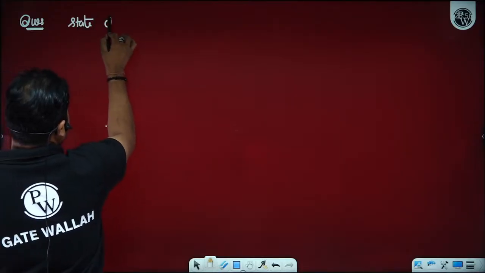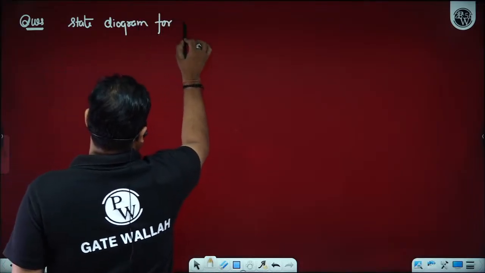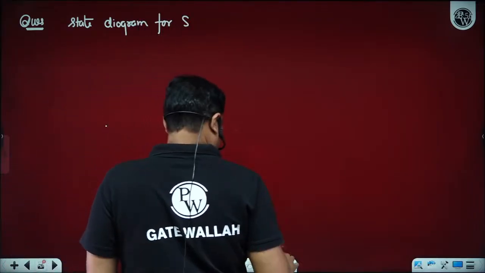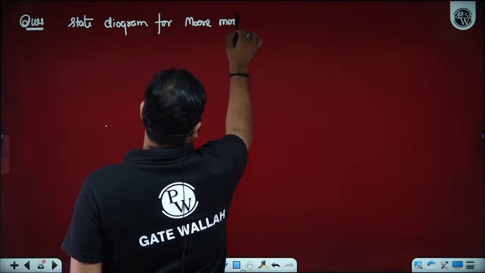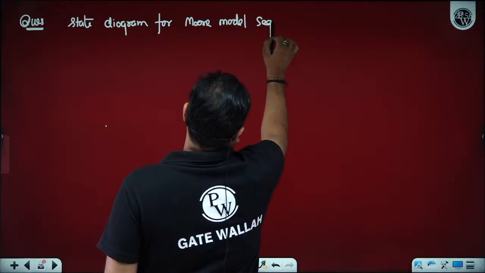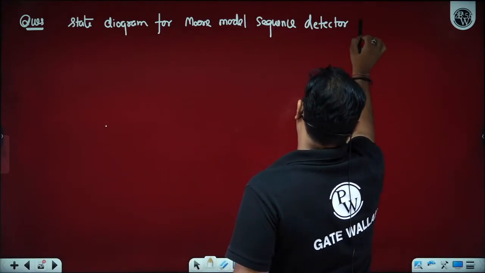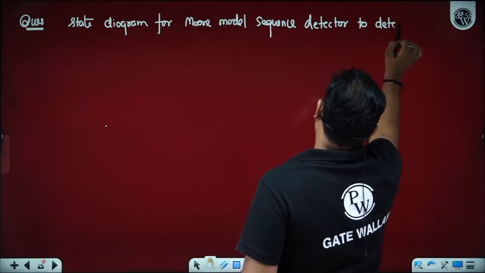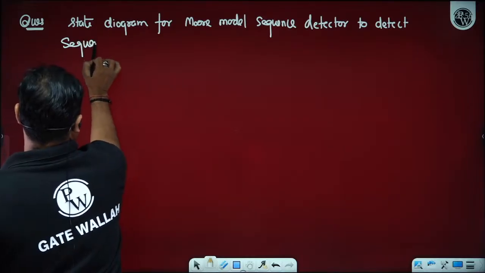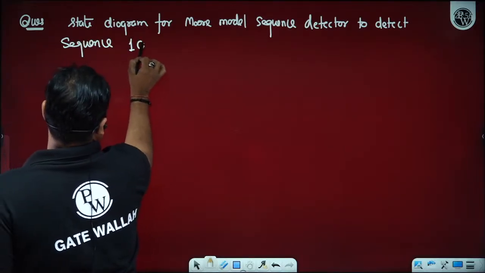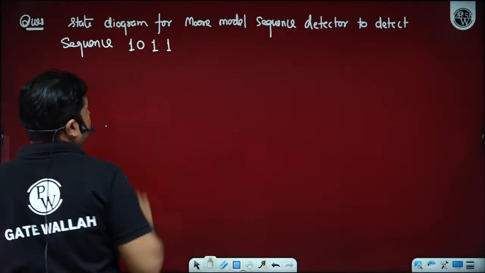Draw a state diagram for a Moore model sequence detector to detect the sequence 1011. Let us talk about this one.